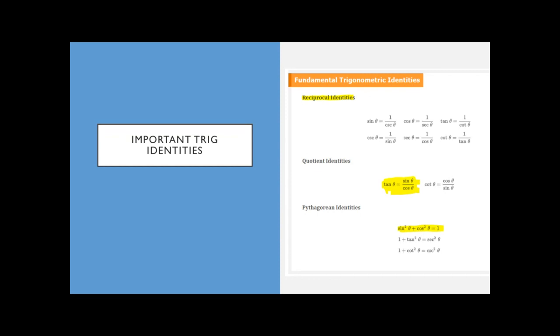And where those derive makes more sense when you look at it in terms of the unit circle. I think in one of my videos where I talk about the unit circle, I explain where those come from, and it makes sense when you look at it that way. But those are important trig identities to have written down, because sometimes if you have a trig function in one form and you don't know what to do with it, converting it to another form might make it easier to work with.